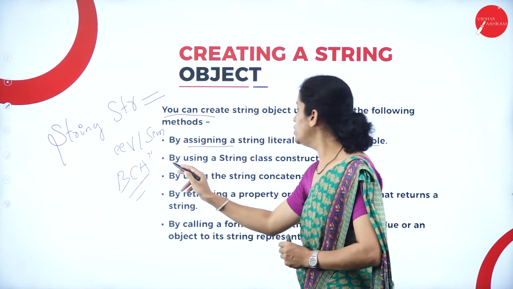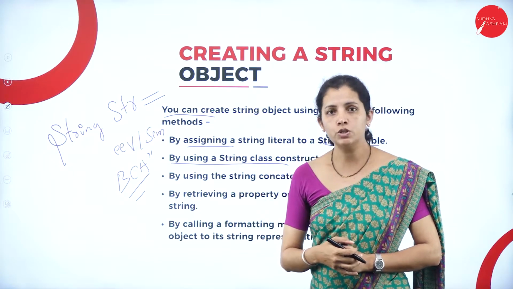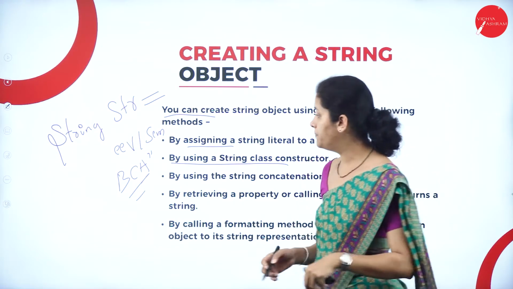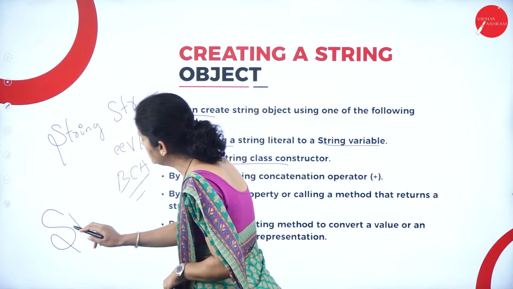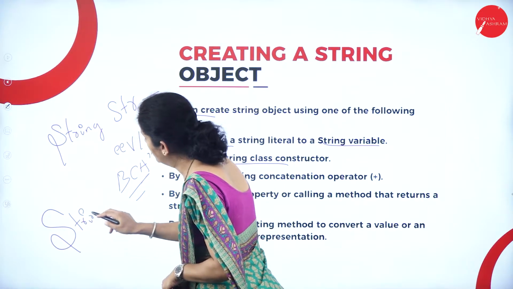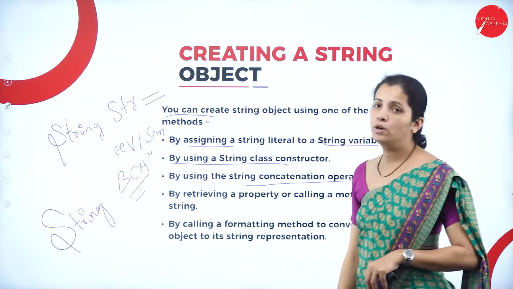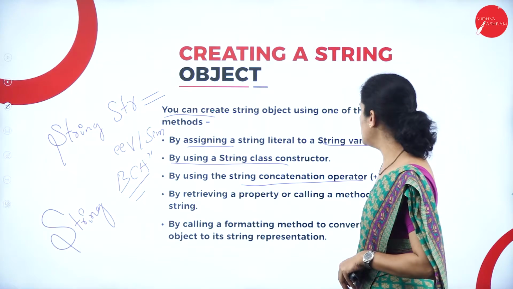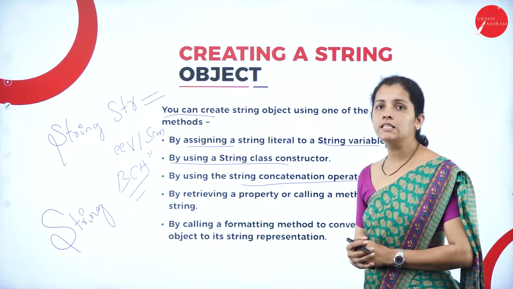Now, using the string class constructor. So dear student, by using the string class constructor, that is string itself, I can create a string. Another one, by concatenating. Concatenating in the sense what?